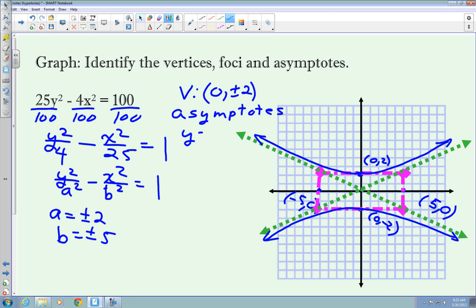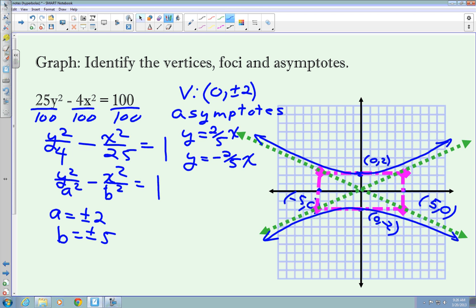It's y equals, okay, to come to the center, I go up 2, right 5, so it's going to be 2/5 x, and the one with the negative slope, I start from 0, 0, I go up 2, I go left 5, so I have negative 2/5 x.